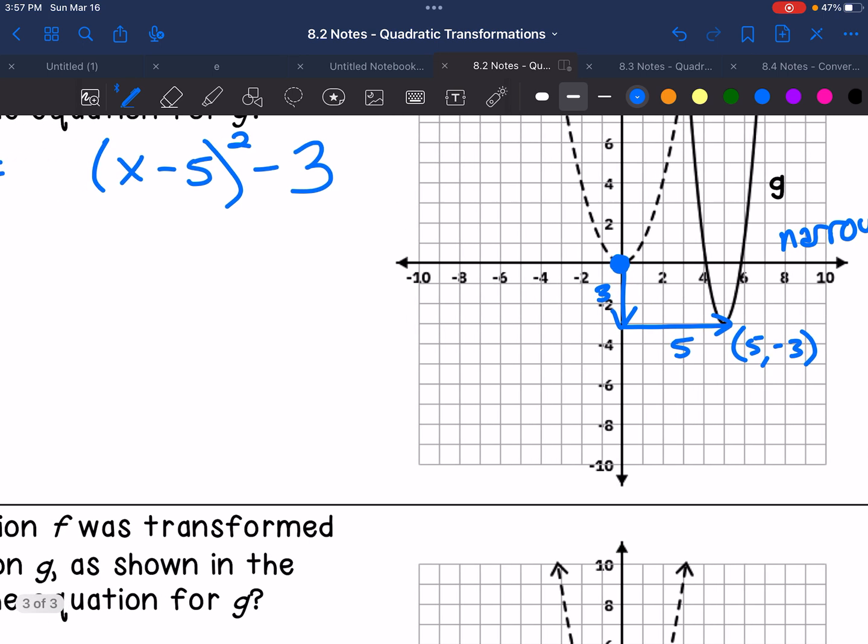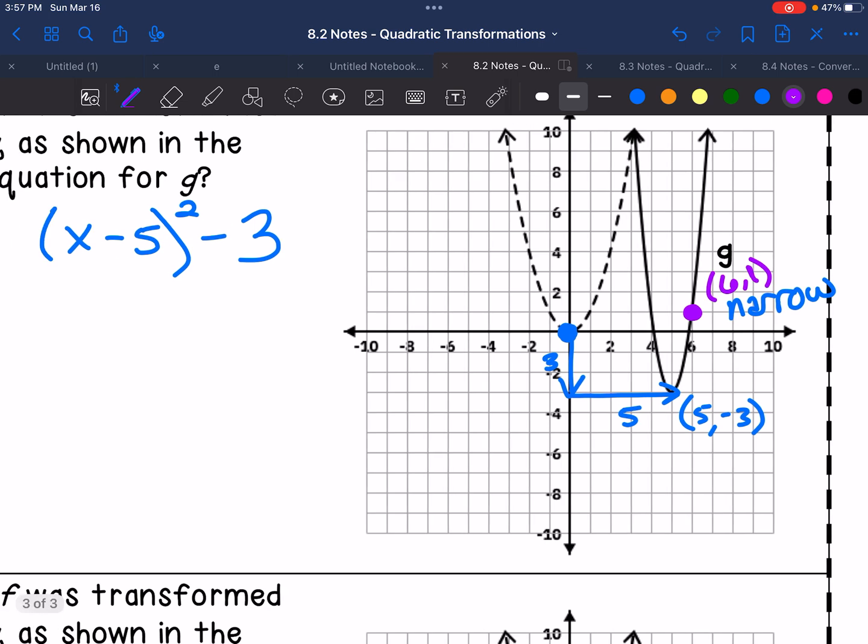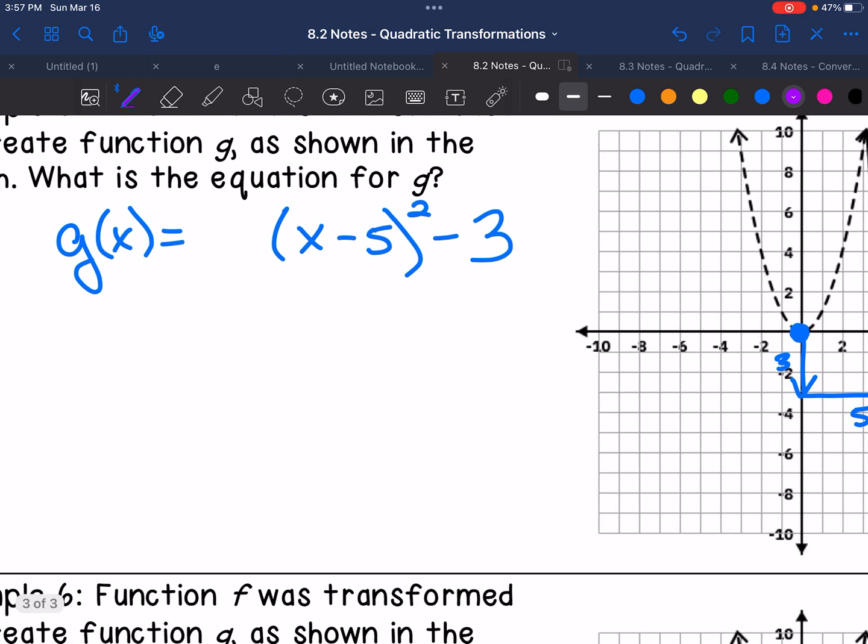So the way that we can figure that out is we're going to pick a point on our new line. Let's say I pick this point right here. That's at 6, 1. We're going to plug it into this function, and we're just going to use a to represent whatever this number is supposed to be. Remember that g of x just means y.